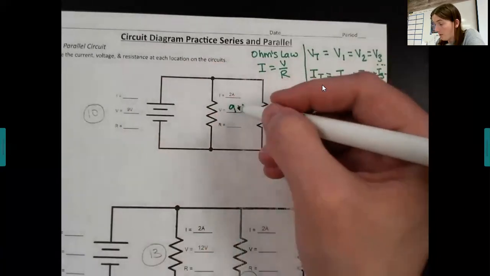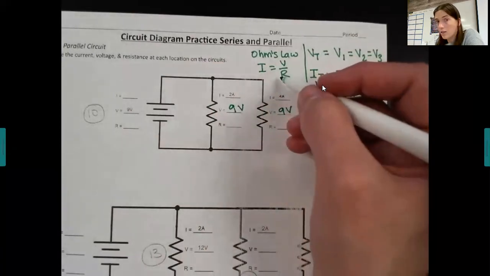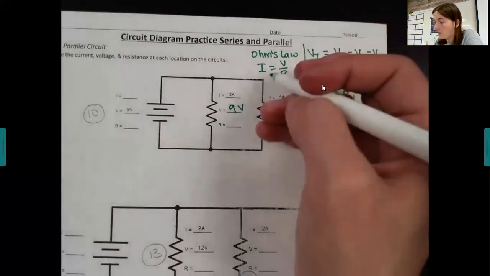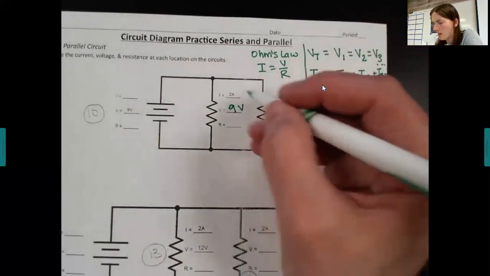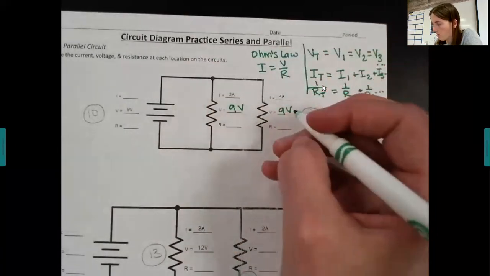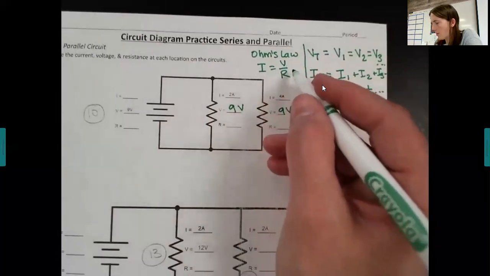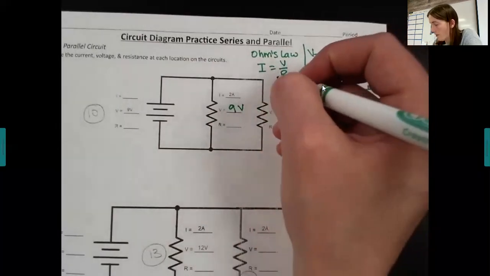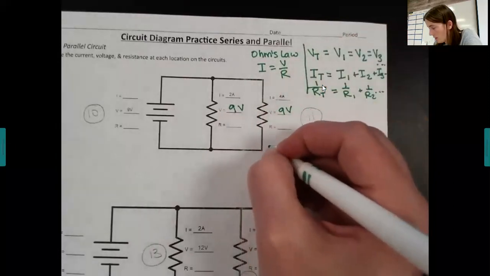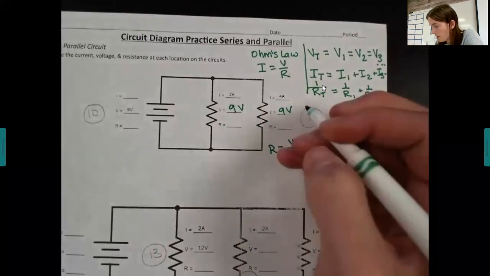All right, so now I have 2 out of 3, so I can figure out the resistance using Ohm's law for both of these. Let's finish both of these, and then we'll do this part over here. Ohm's law is current equals voltage divided by resistance. But if we're trying to find R, that means the resistance is equal to voltage divided by current.